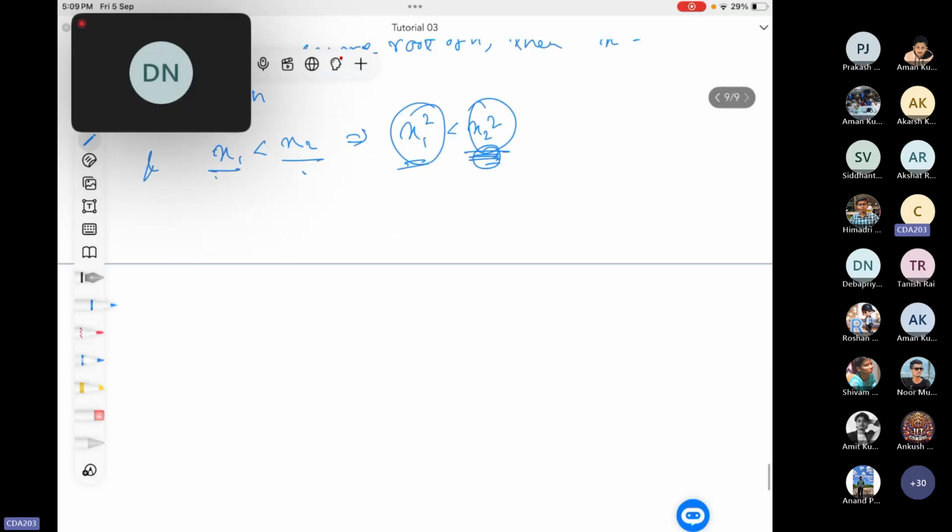So since we want to find the square root of n, it's easy to see that x must be in the set 1 up to n, some integer.